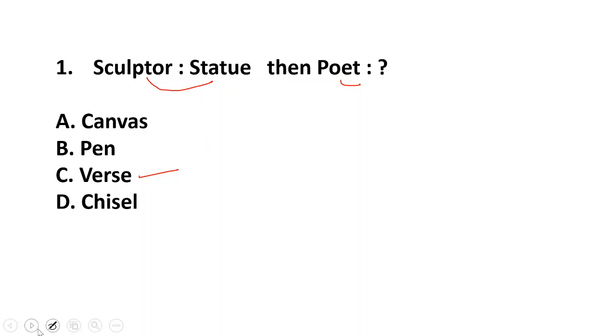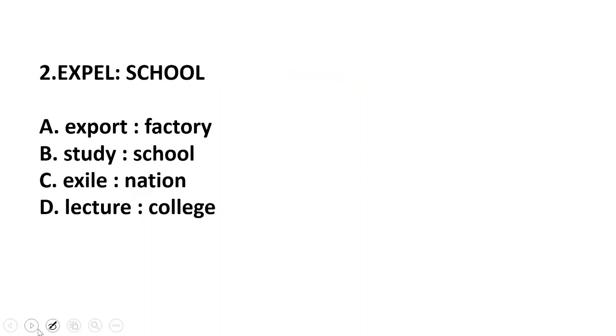Next, you see, number 2, expel, school. Now you see the relationship of the words expel and school. You understand the meaning of expel: to throw out, to remove a student from the school. So for this, in which pair do you get the same kind of relationship?